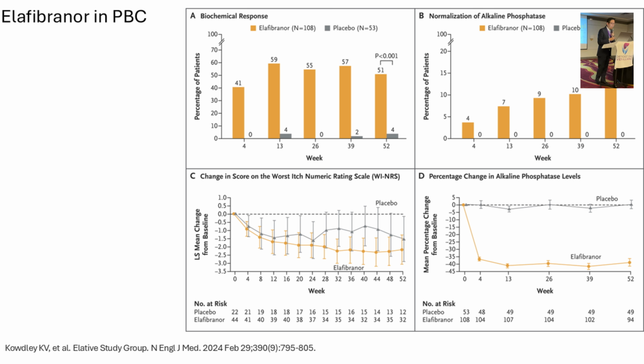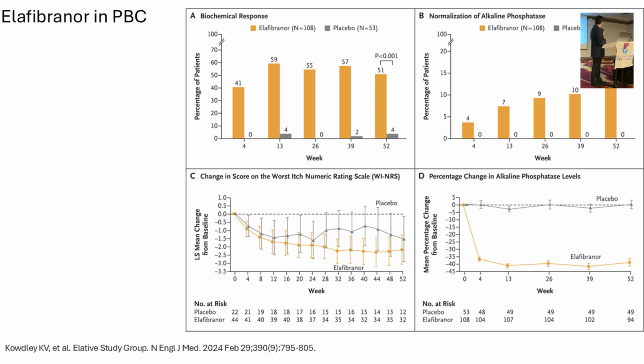Now the 2 new medications that we would talk about today. One is elafibranor. This is the PPAR alpha delta agonist. As you can see in this graph here, if you use it in people who have partial or non-response or intolerance to first-line ursodeoxycholic acid, you will see improved biochemical response to elafibranor in this 52-week study.